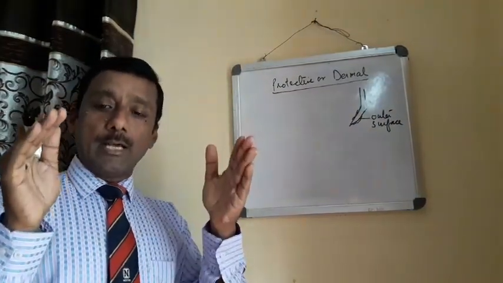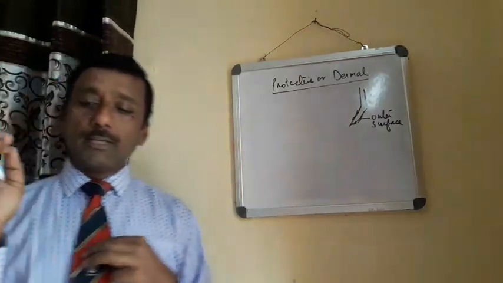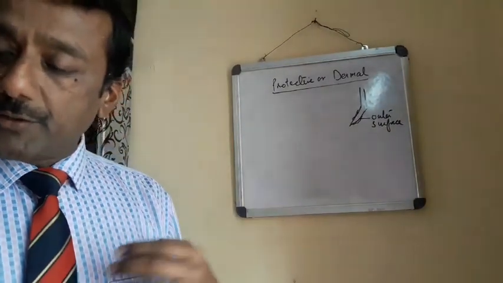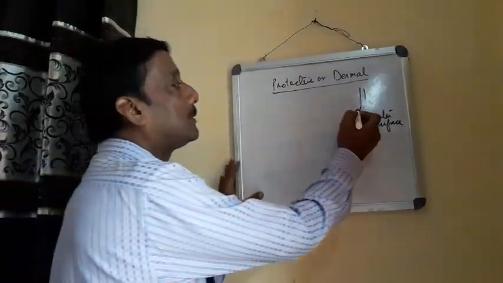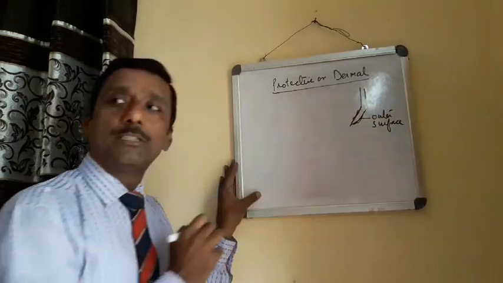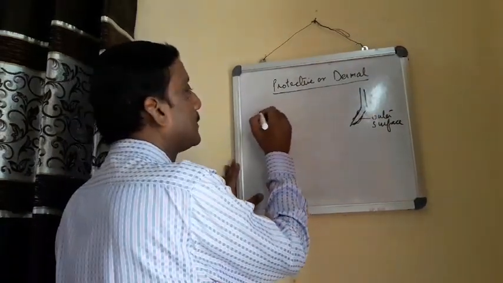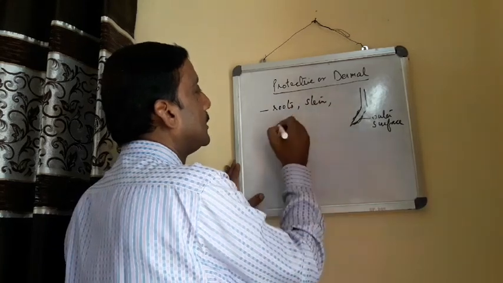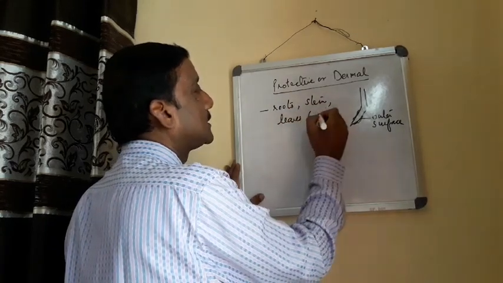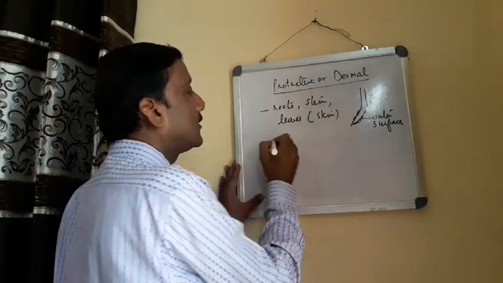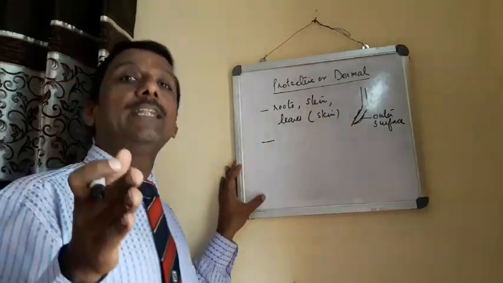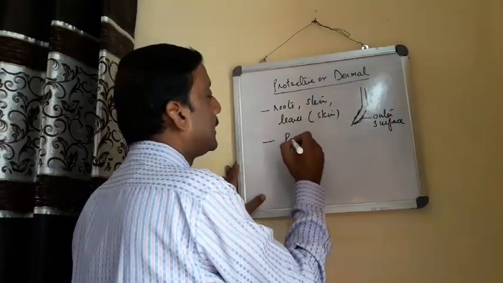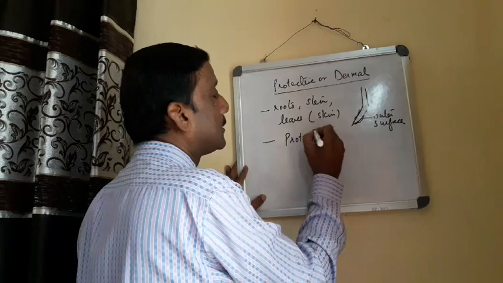That is the location. Now what is the function? We should understand that because they are present in the outer surface region of root, stem and leaves, on their skin, they are protective in nature.